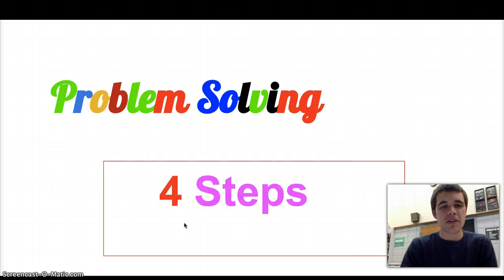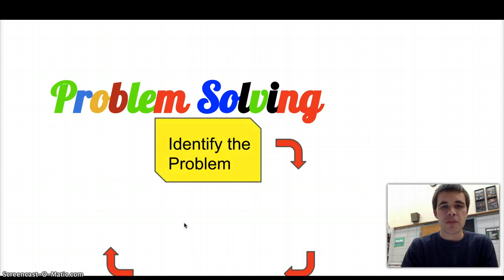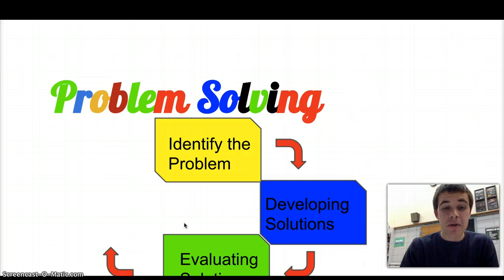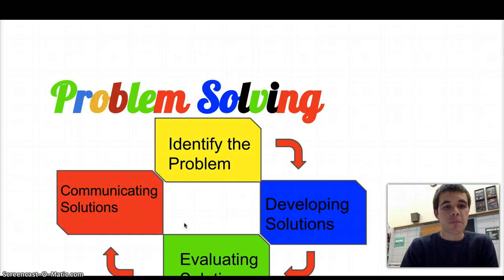And so we're going to be talking about 4 steps. Some people say there's more, but we simplified it down to 4. The first is identify the problem. Then developing solutions, evaluating solutions, and then communicating solutions. These are the steps we're going to use to solve technological problems.